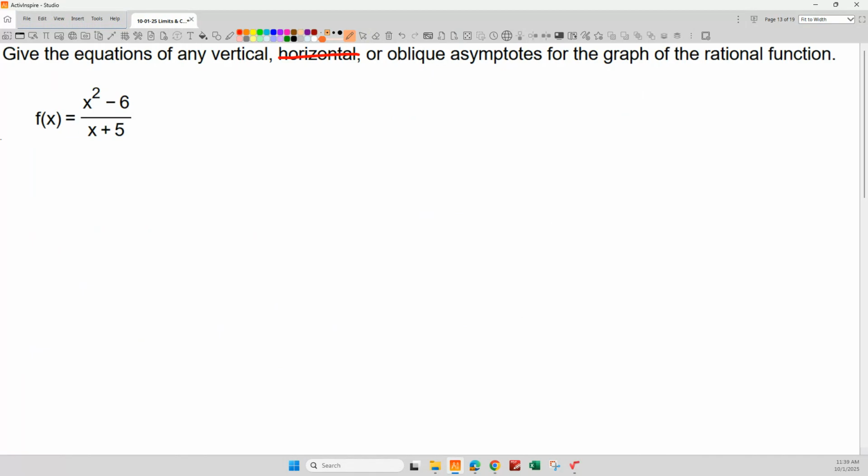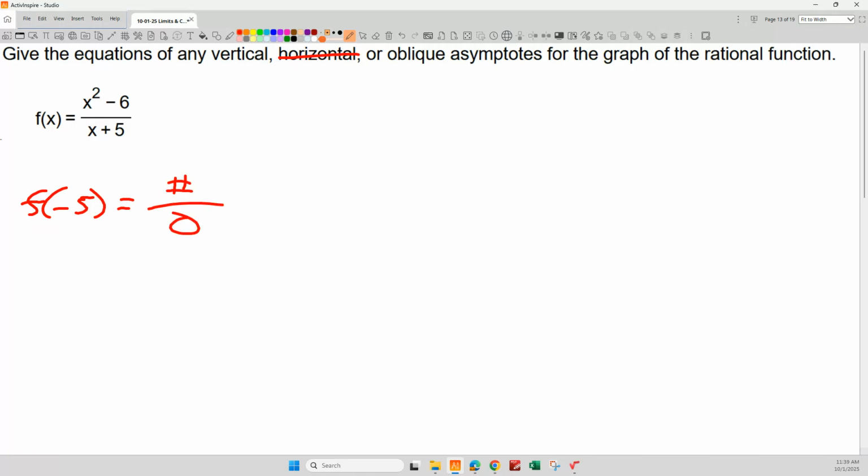What about vertical? At negative 5, say it again. Yes, good. X equals negative 5 is a unique zero of the denominator, right? If I evaluate this function at negative 5, I get a number divided by 0.